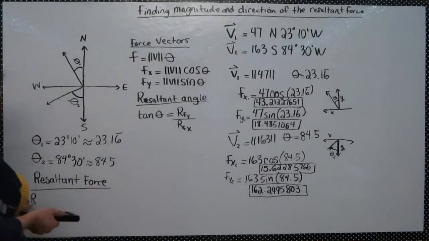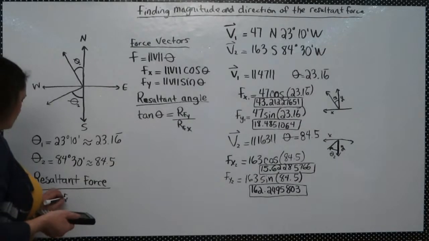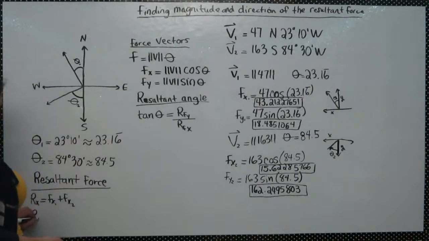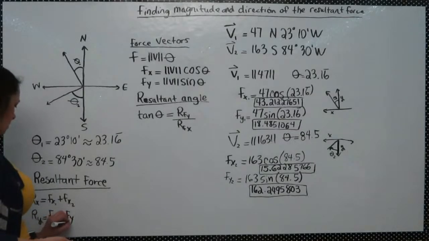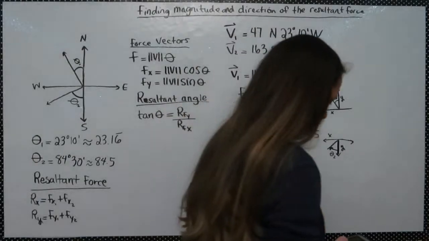So R sub X equals F sub X sub 1 plus F sub X sub 2, and R sub Y is going to equal F sub Y sub 1 plus F sub Y sub 2. Again, we're doing this algebraically.